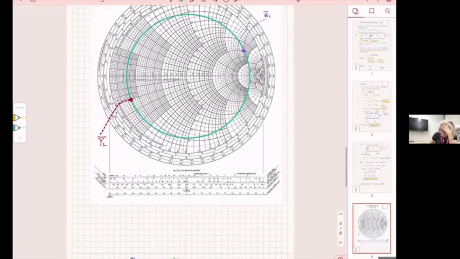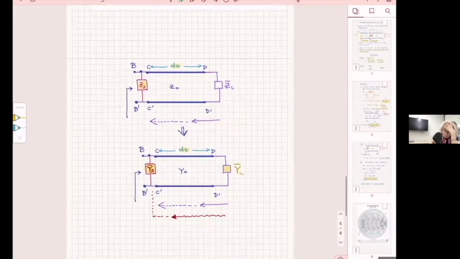So when I look here, I will see an admittance at CC prime, since I am working with admittances. And since I'm on the Smith chart, it's going to be normalized.